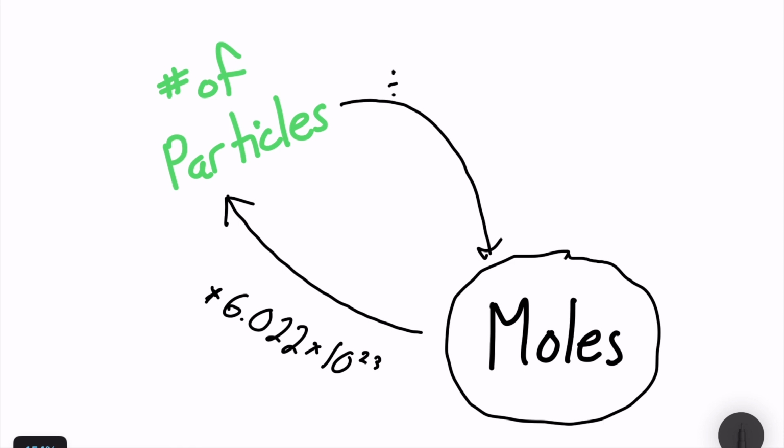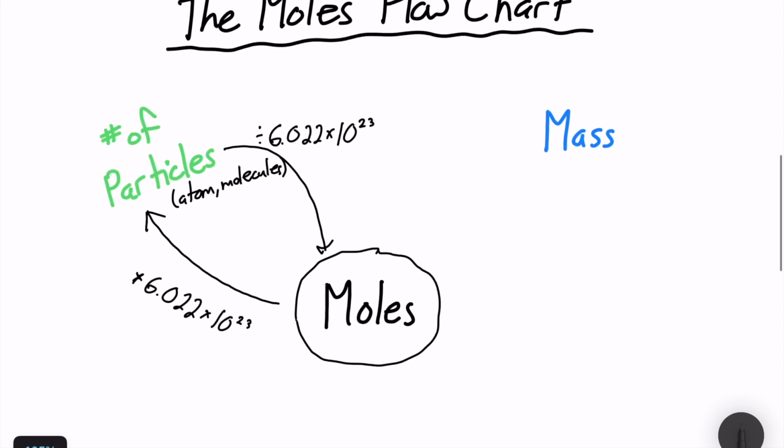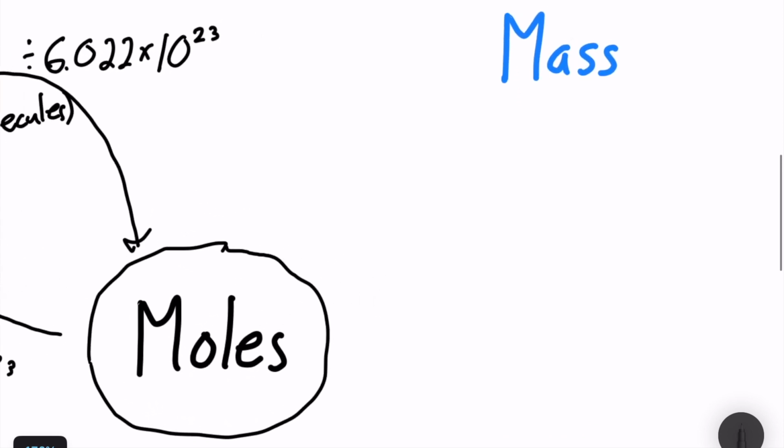So we are going to divide by 6.022 times 10 to the 23. Okay, so that's our first conversion if you want to get from moles to number of particles, whether that is atoms or molecules.